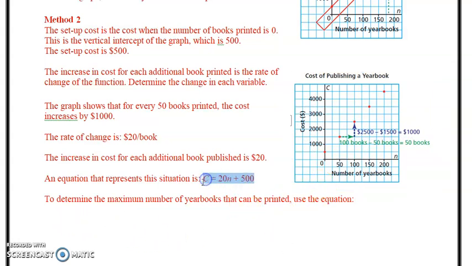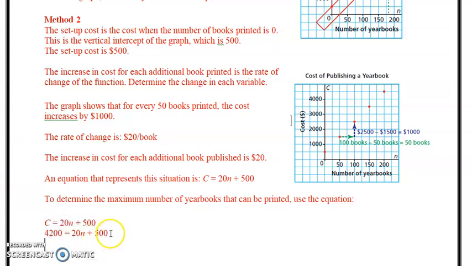So we take the cost, and the cost is going to equal 20N plus 500, putting the cost in at 4,200. So 4,200 is equal to 20N plus 500.